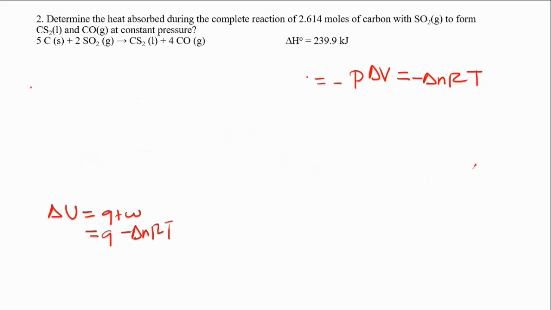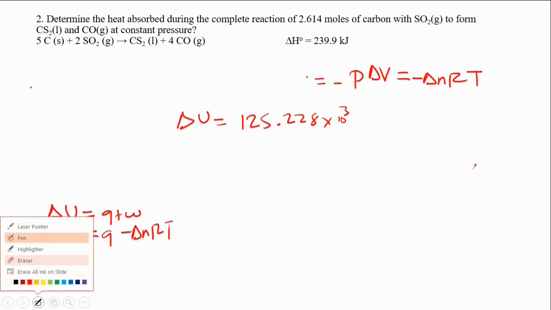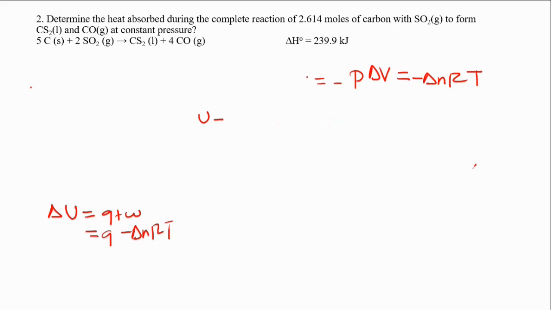Okay, here we go, in trying to calculate delta U. Now, delta U is equal to Q, and the Q is something like 125.228 times 10 to the 3. Let's move this over a little bit so we don't run into a space problem, so we can work comfortably.